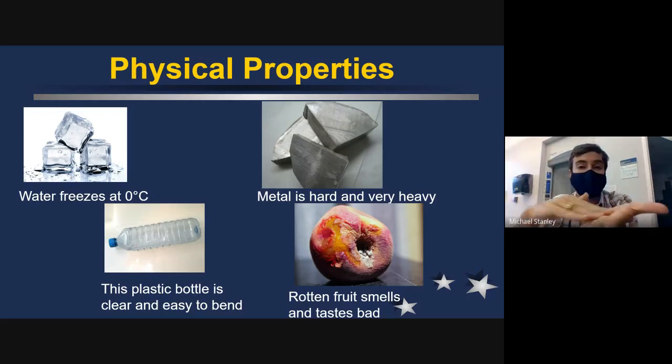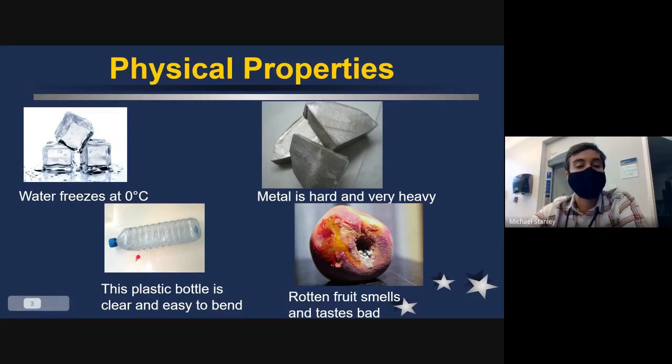I bet if you touched it, it would feel really smooth, kind of like the plastic on this table or my computer that I'm sitting at. All of those are things that we can observe about these pieces of metal. We can either feel them or see them or weigh them out. And so they are physical properties.